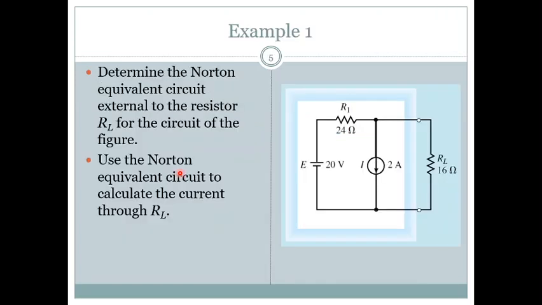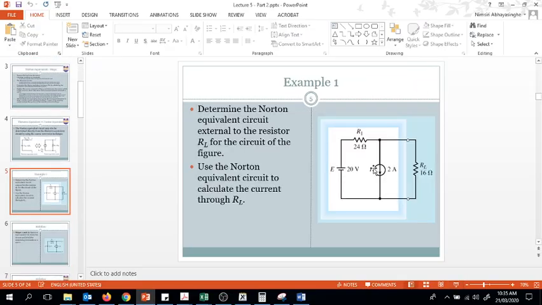So let's take this example and see how we are going to determine the Norton's equivalent for the circuit given in here. This is the same circuit that we used for the Thevenin's equivalent as well. That would make our life easier. So let's take this circuit.